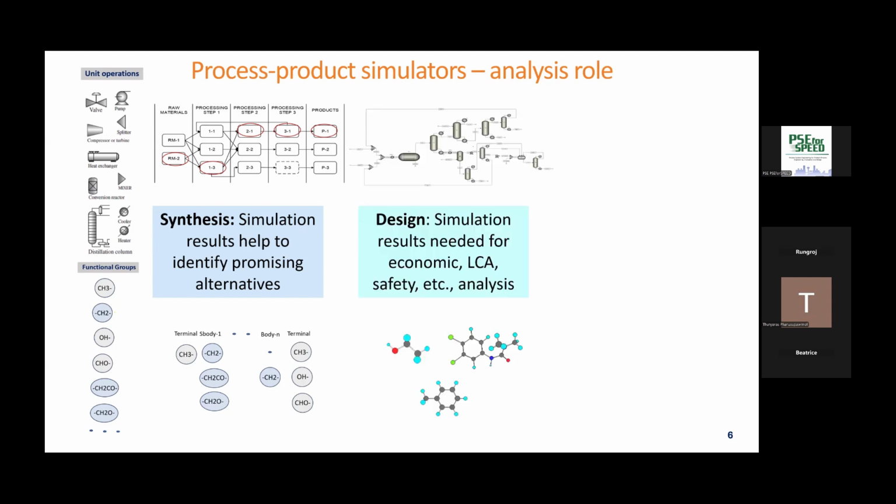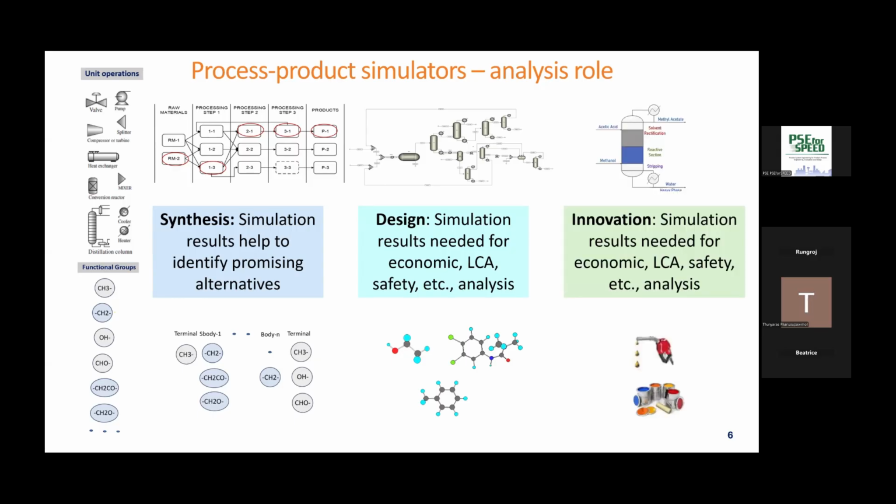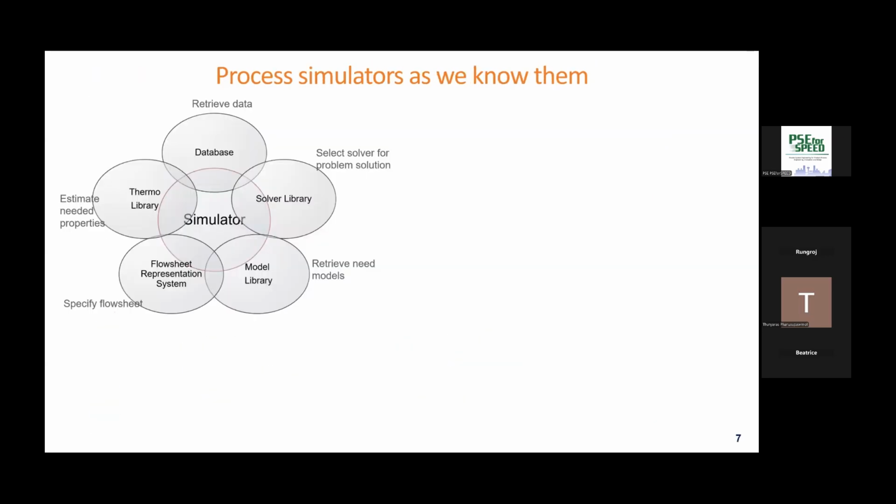In the case of the design, we need to analyze the economics, the LCA, the safety, and so on to identify which would be the best design. In case of the innovation, we need to do the same, but now the models are different. So what we see again is that, up to now, the simulator has both verification and analysis roles. So let's look at what the simulator does.